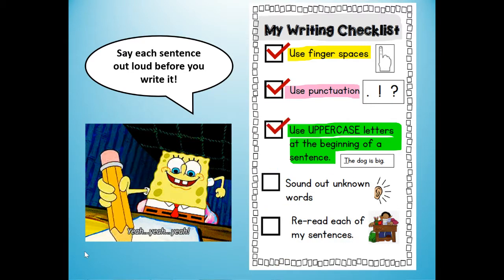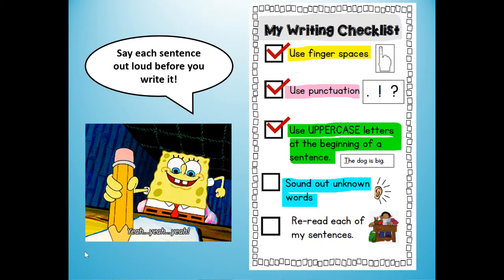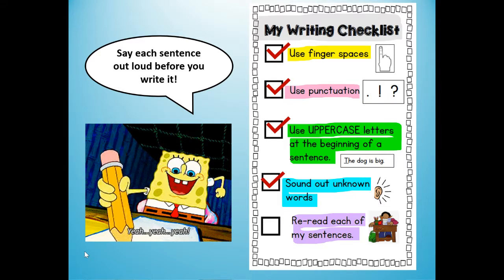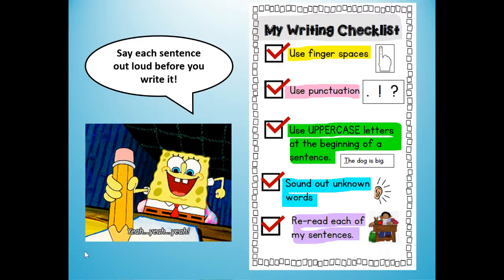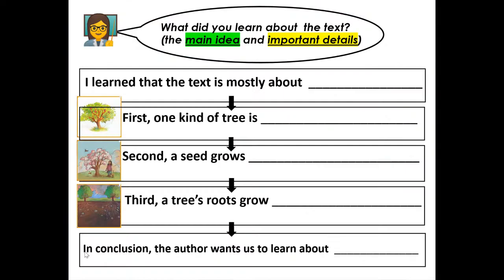Make sure you use uppercase or capital letters at the beginning of each sentence. Sound out unknown words, write the sounds you hear. And my favorite, reread each of my sentences to make sure that they make sense and that you didn't add too many words or leave out an important word. So think about that as you are writing each of your sentences.